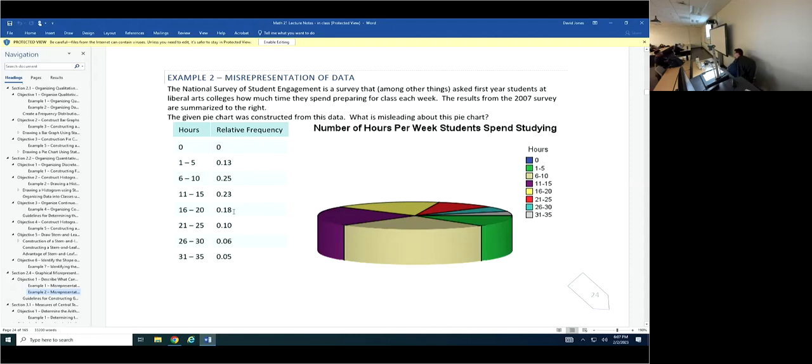What 3D pie charts do is overemphasize the segment that's in the front. Don't do 3D pie charts is the takeaway from this. They're fun to look at, but they're completely misleading.